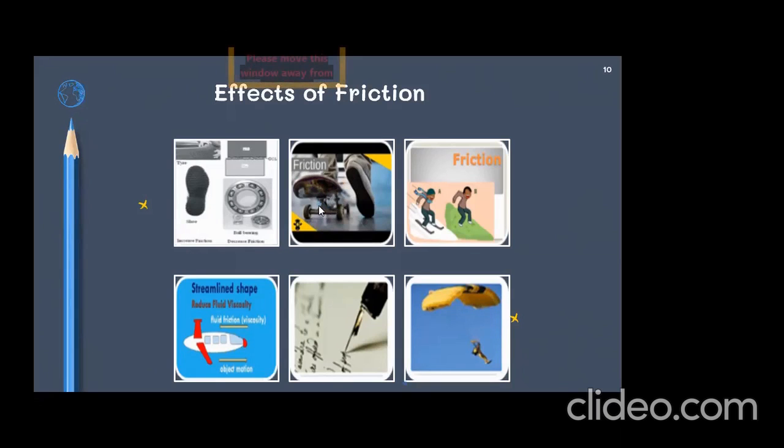He uses the skate to walk on the floor, and on the other foot he is not using the skate. That's why it is easy for him to slide on the floor. It reduces the friction of the floor.